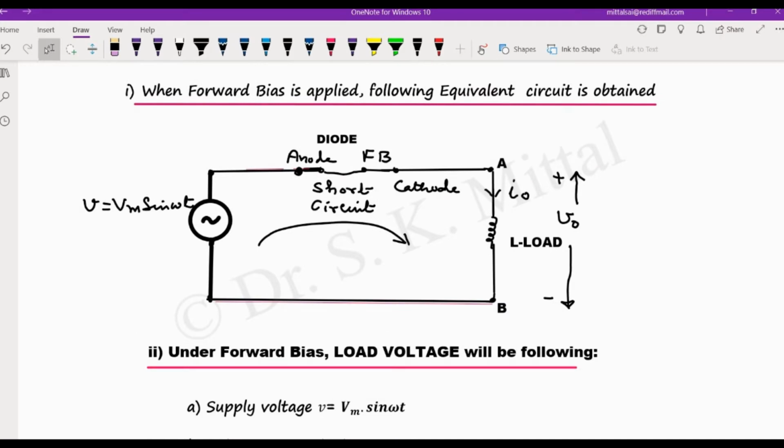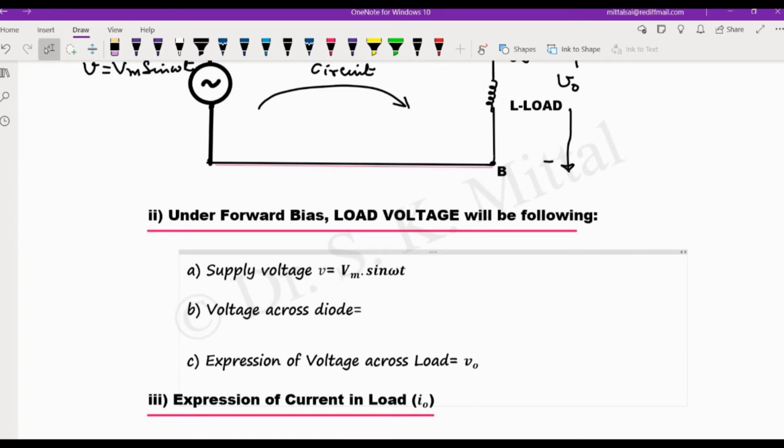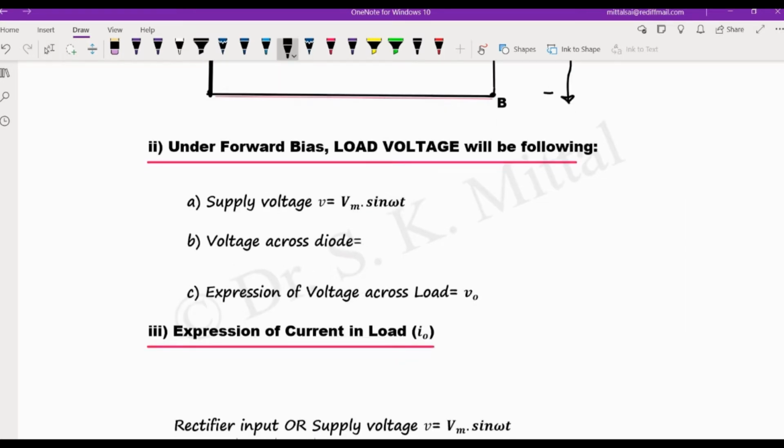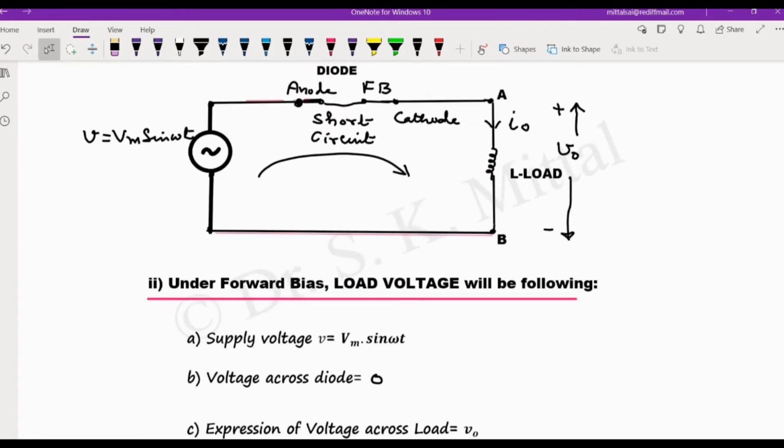Now see here, this is the supply voltage which is represented by V is equal to Vm sin omega t. When diode is forward biased, it is replaced by short circuit, means the voltage across diode is 0. Supply voltage V is equal to Vm sin omega t is connected across diode and this inductive load.